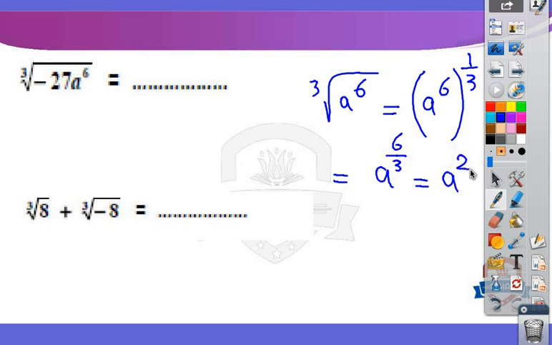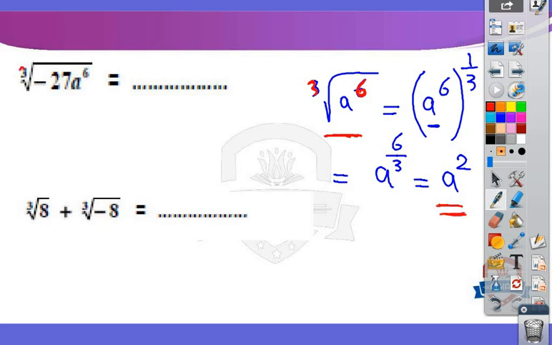So here we write a and make 6 divided by 3. It will be a to the power of 2. So the cube root of a to the power of 6 will be a to the power of 2.